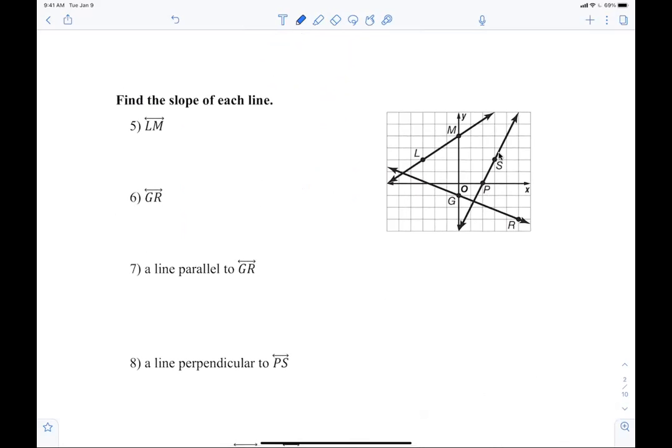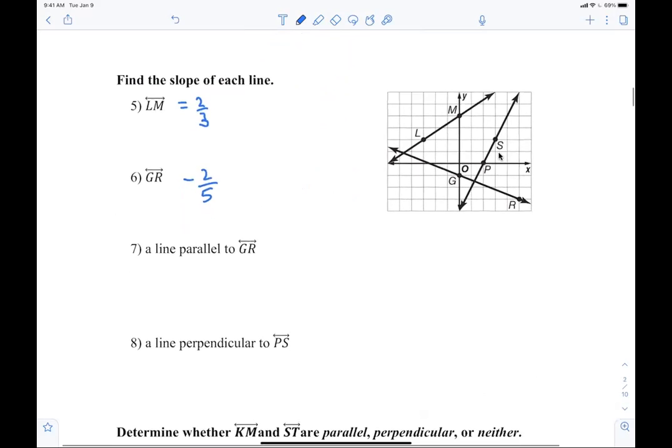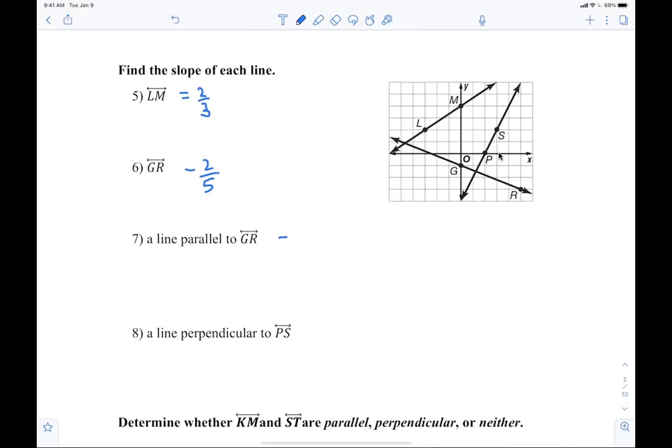What's the slope of LM? 2/3. And what's the slope of GR? Everybody happy with that? Find the slope of the line parallel to GR. -2/5.